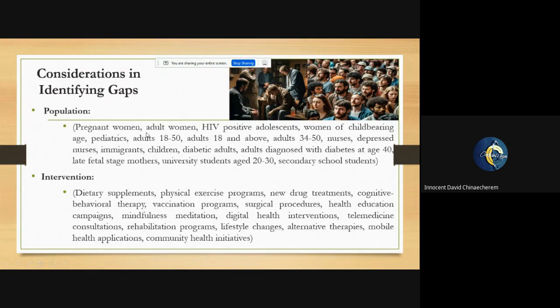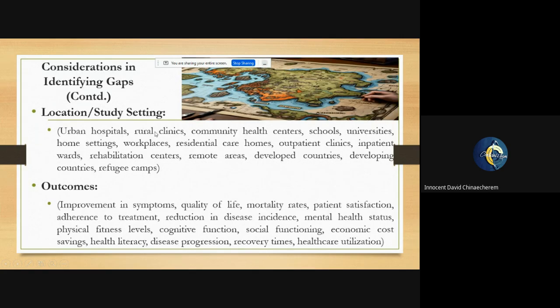Maybe you have pregnant women who are on dietary supplements in residential care homes. Maybe you're going to find a lot of studies on pregnant women in this and that, but to the best of your knowledge, you've not seen any systematic review addressing the residential home.